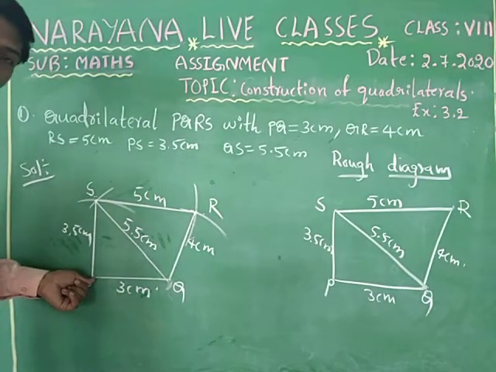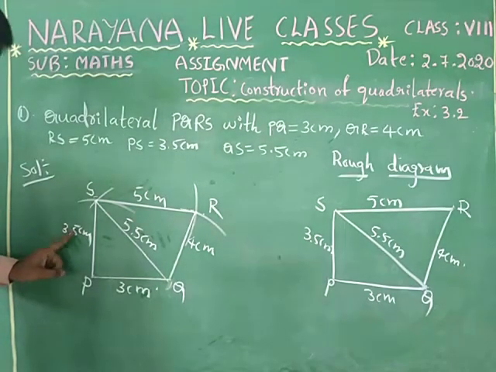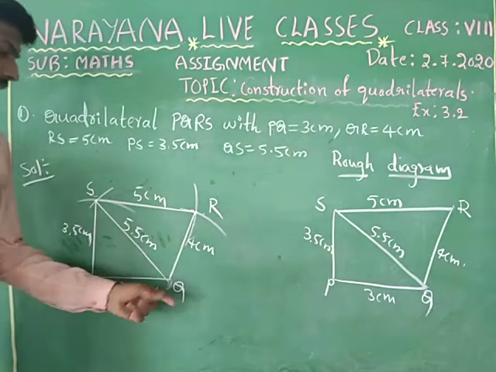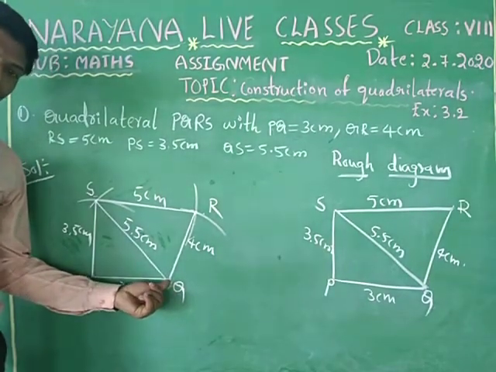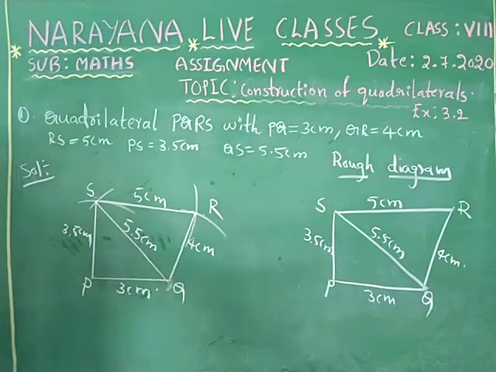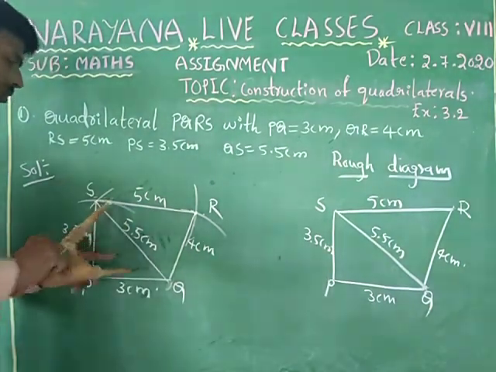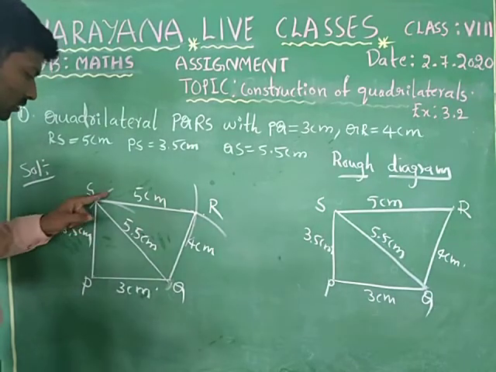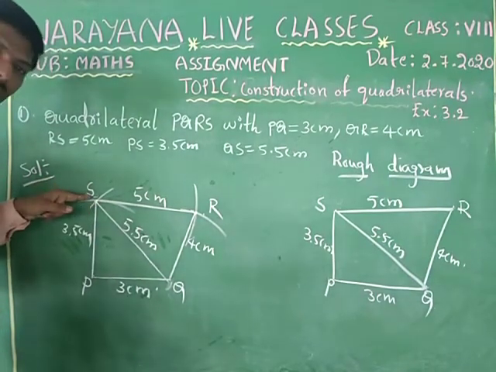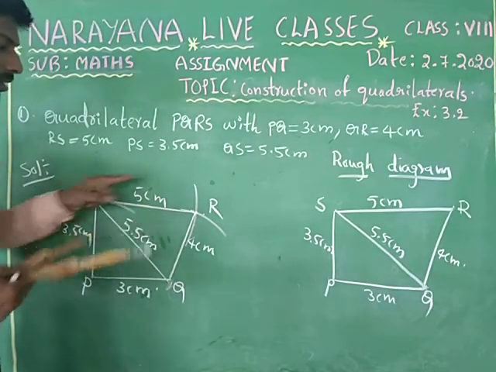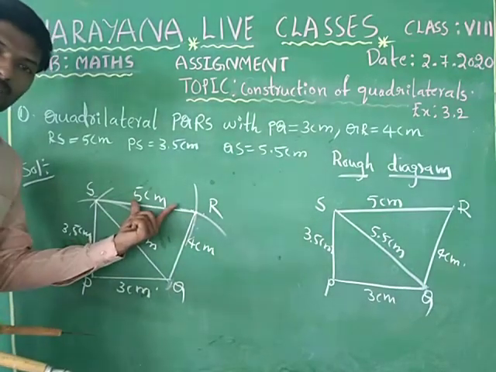Consider point P as a center with radius 3.5 centimeter and draw an arc. Again, consider point Q as a center with radius 5.5 centimeter and draw one more arc. The point of intersection of these two arcs is S. Consider S as the center and draw one more arc whose radius is 5 centimeter.